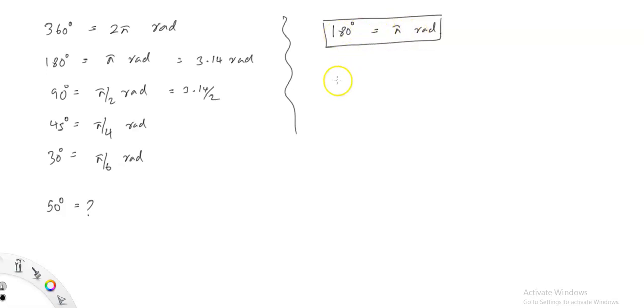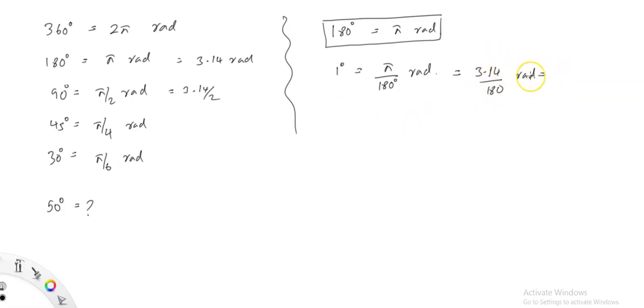So if 180 is this, what is 1 degree? 1 degree is pi divided by 180 radians, right? So now we know what 1 degree is. This is the same as saying 3.14 over 180 radians.